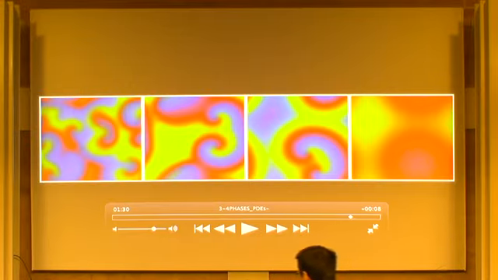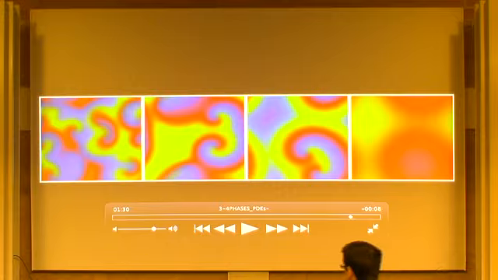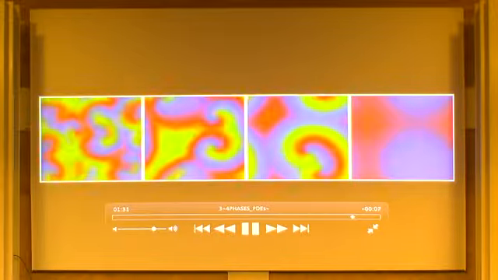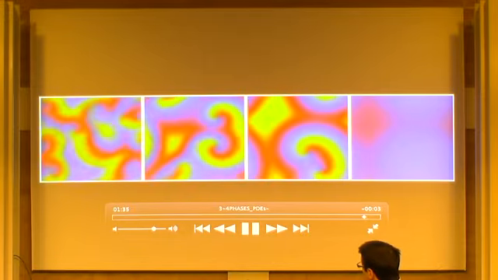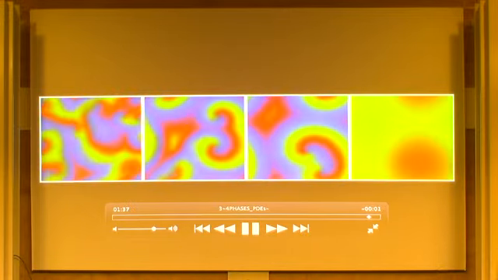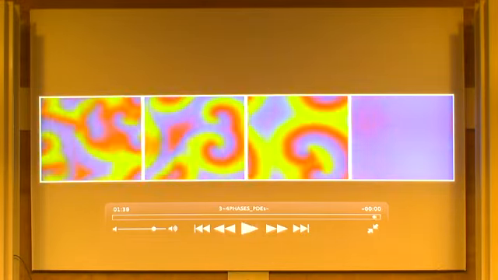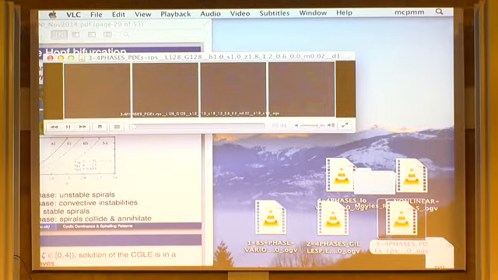So that's the bound state phase. Here the spiral wave should be unstable, and here they should be deformed. That's more or less what we see. And here they collide and annihilate. So this is a pretty good match of what happened on our Lattice, right?